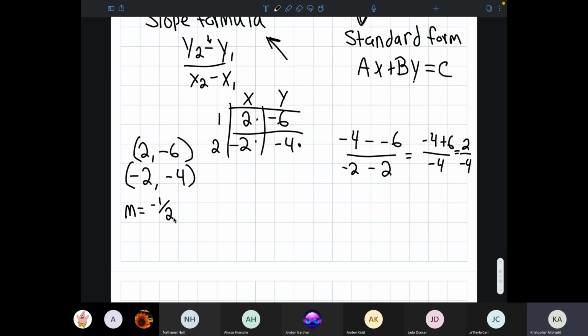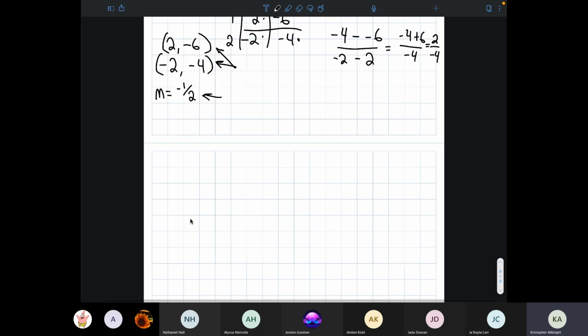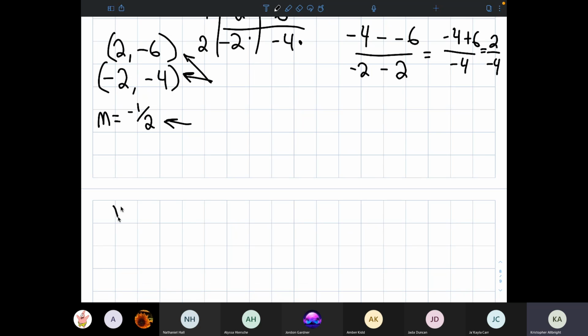Well, we still don't have an intercept. So this is where point-slope form comes in. We have a point, either one of these, it doesn't matter which one, you can pick one, and we have a slope. So we can now use point-slope form. And down here, I'm going to write point-slope form again. y minus y1 equals m times x minus x1.